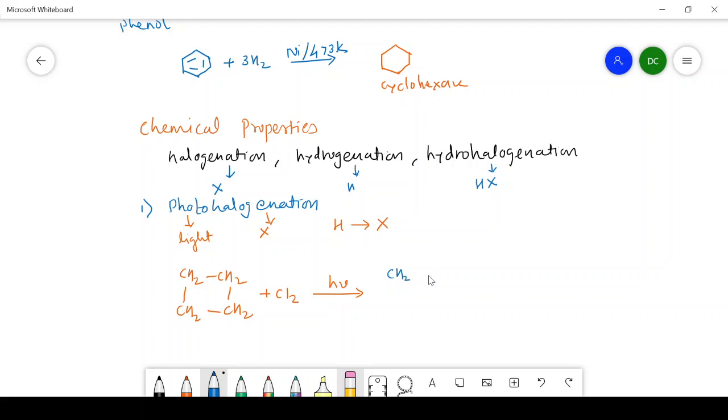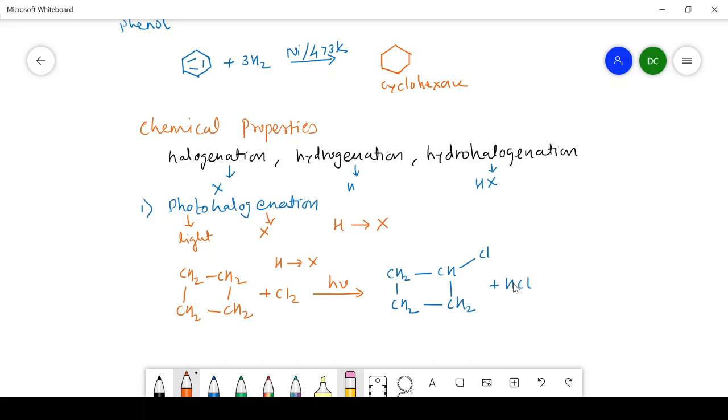So I will get here CH, then CH2, CH2, single bond, and one hydrogen is replaced by Cl. That's why I will write here Cl plus HCl. So this is the photo-halogenation reaction that occurs in cycloalkanes, in which one hydrogen is replaced by halogen.